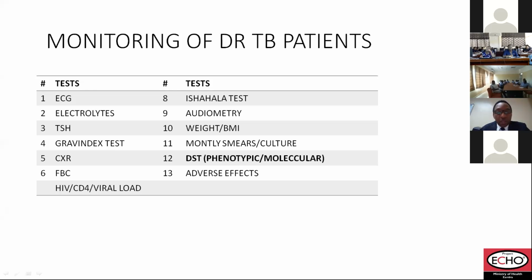The reason is that some of the drugs that we use for DRTB have effects on the unborn child, and we also don't know some of the effects that they may have. So, by all means, female patients in the reproductive age group should be closely monitored for any signs, symptoms, or any test of pregnancy while they are on this therapy.